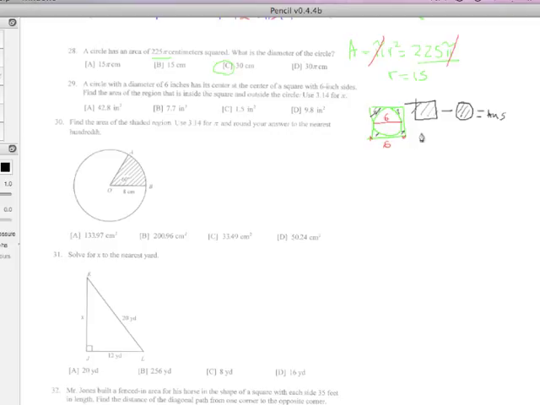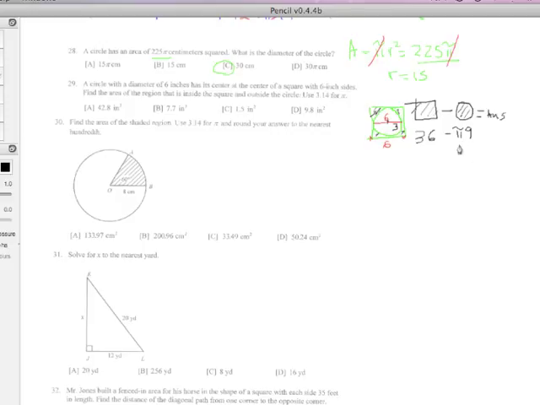So the square is 6 by 6, so that's 36, not 32, 36. And the circle, the radius is 3, and that's pi r squared, so that's pi times 3 squared, which is 9. So you have to subtract that.